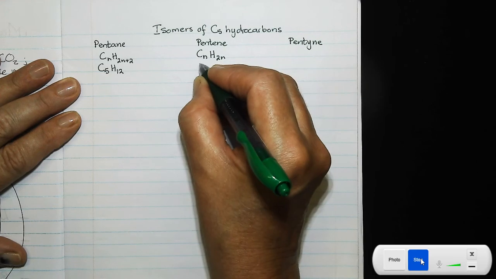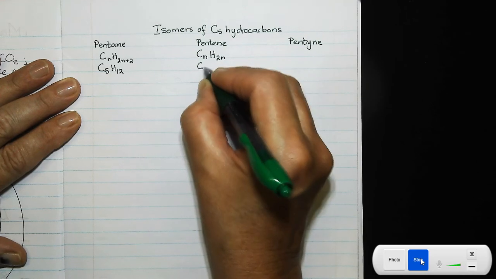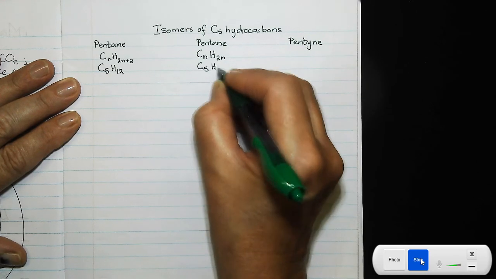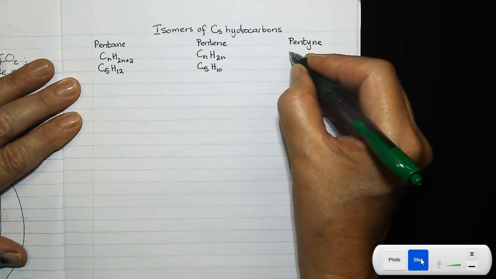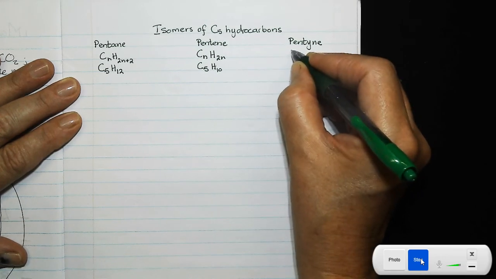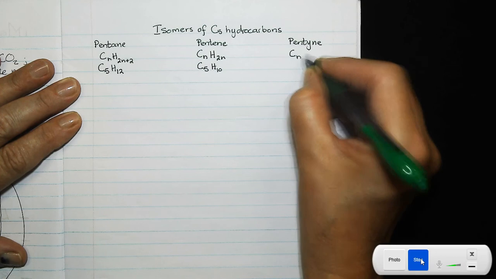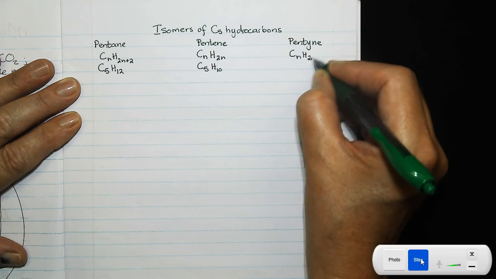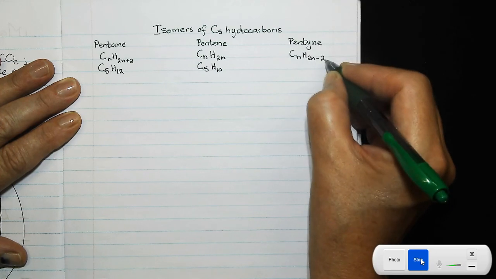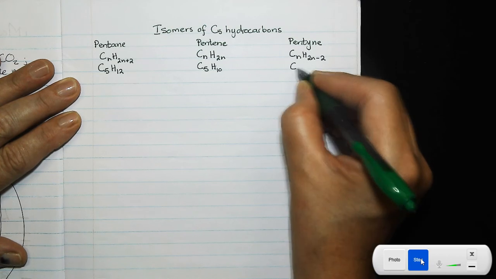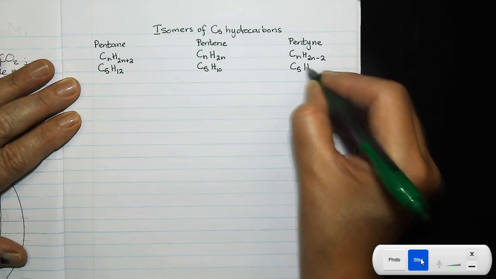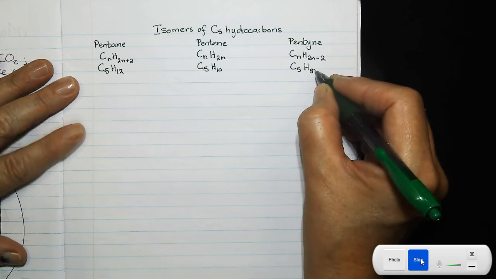So this brings us to C5H10. And for pentyne, with a triple bond between 2 carbons, the general formula is CnH2n-2. For pentyne, then, with 5 carbons, there will be 8 hydrogens.